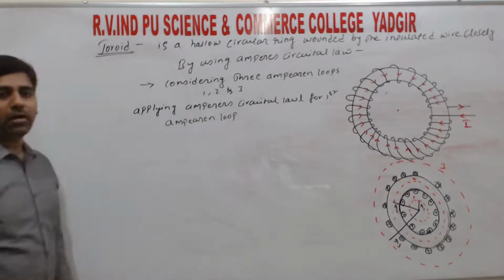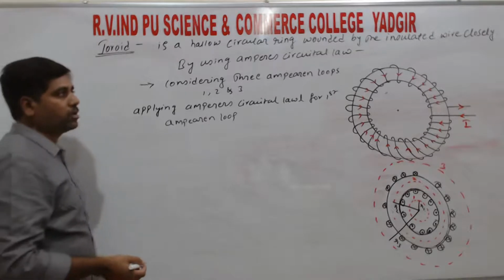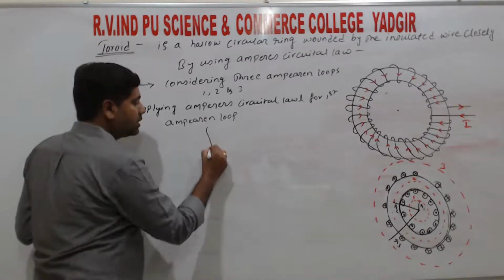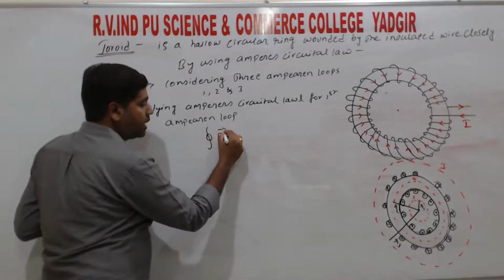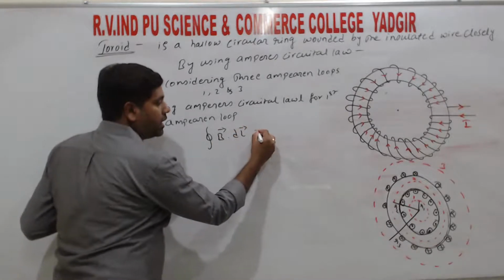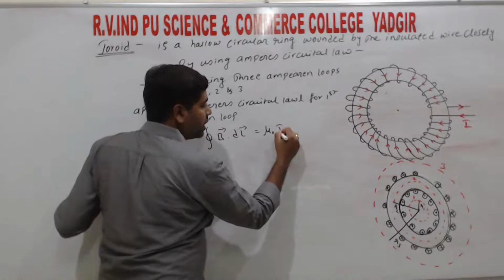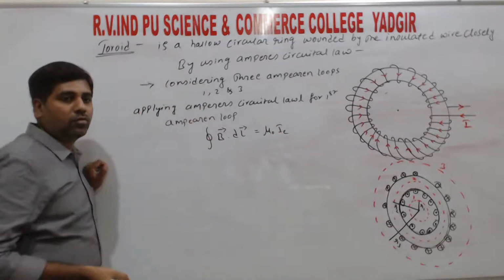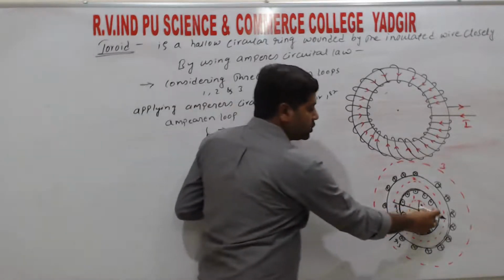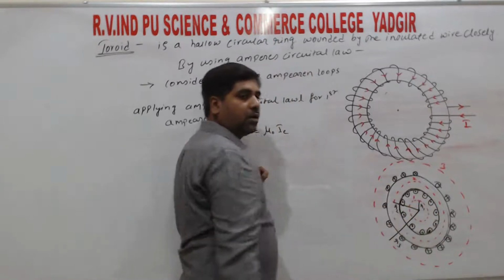So we apply Ampere circuit law to the first loop. So Ampere circuit law states that the line integral of magnetic field into line element is equal to mu naught times the current IE. It tells us how much current is flowing in this circular loop, right?